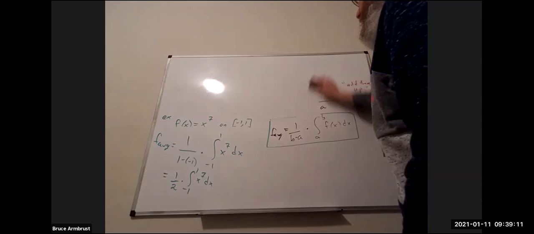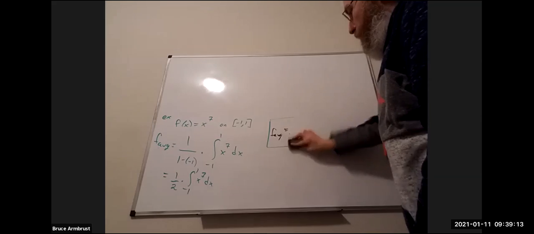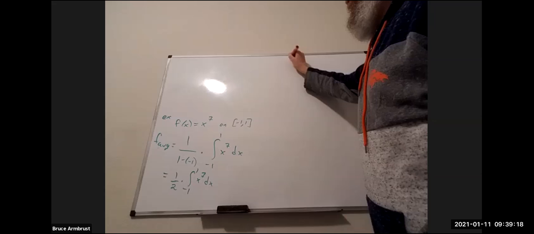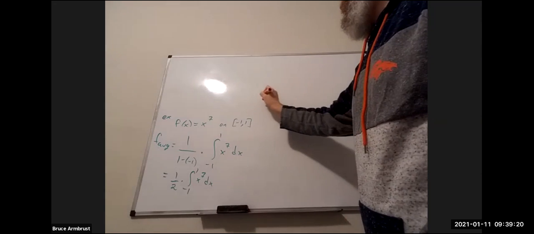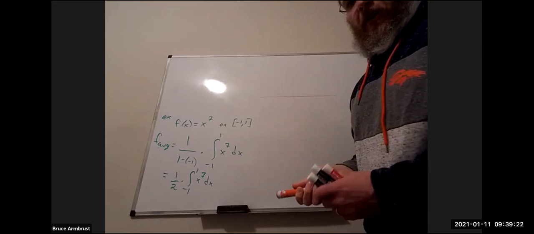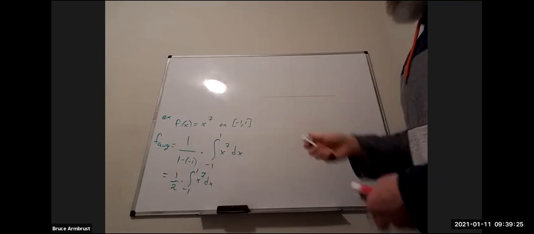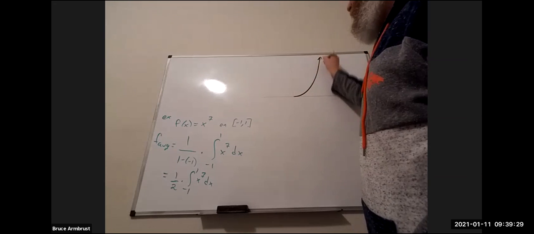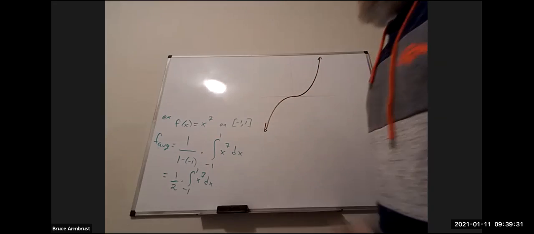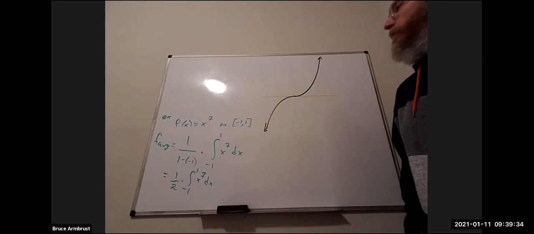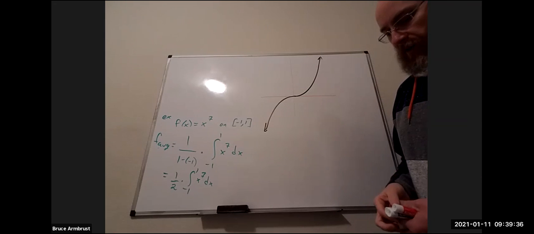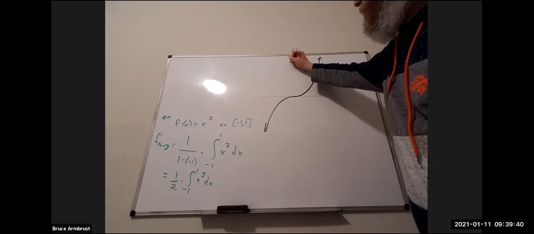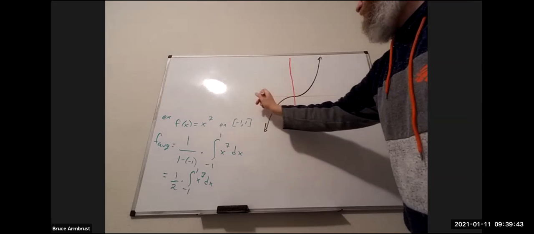Let's look at x to the 7th. All right, so x to the 7th looks something like this. So there's our graph of x to the 7th. Make this a little bit darker.